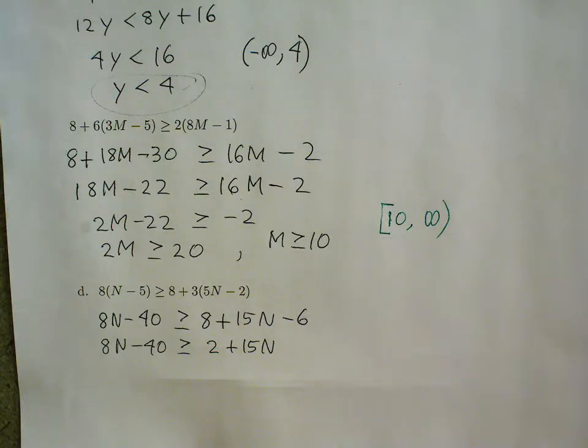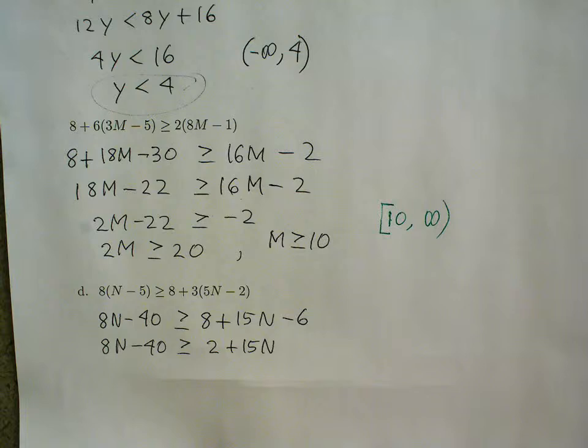Now we can proceed in a couple of equivalent ways. If you want to avoid negative coefficients of variables, you can. One way to do it is to subtract 15n from both sides. If we do that, we'll end up with a negative 7n on the left-hand side, and that's fine.